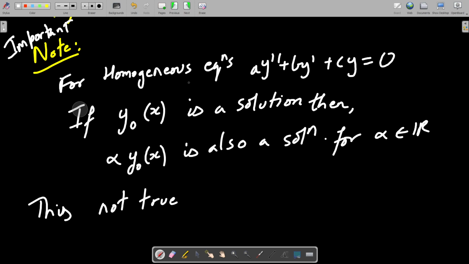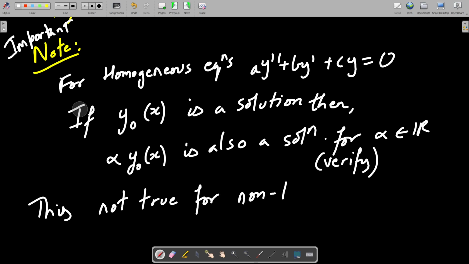Alpha is common in all three terms, so you can cancel it out. What remains is a y naught double prime plus b y naught prime plus c y naught. And we already know that y naught is the solution, so LHS will be equal to RHS. Both will be 0. You can verify this; we have done this before.